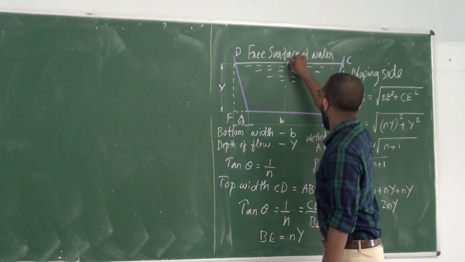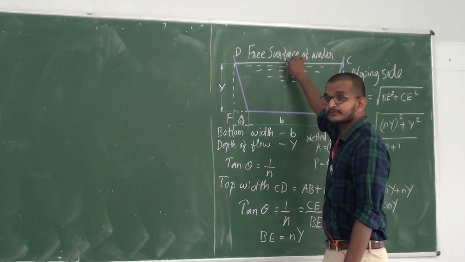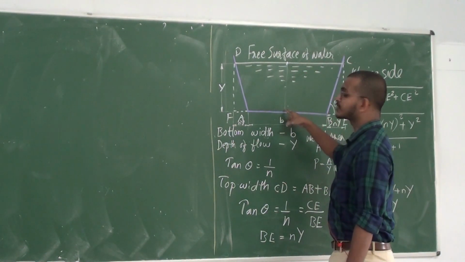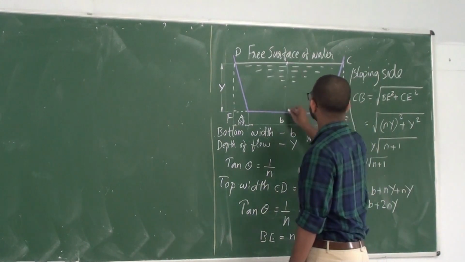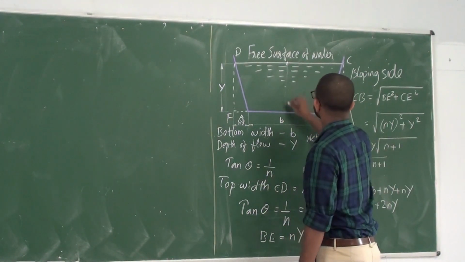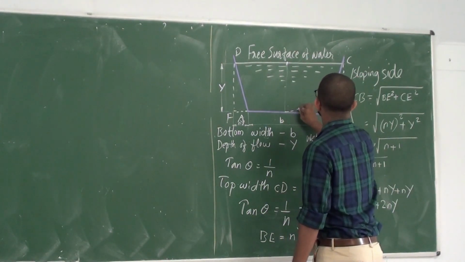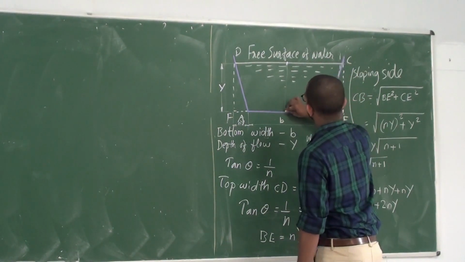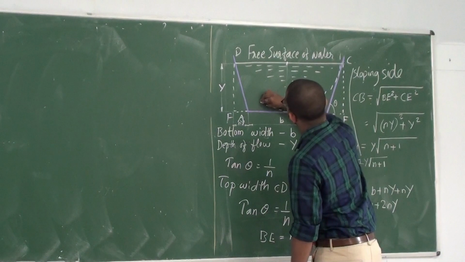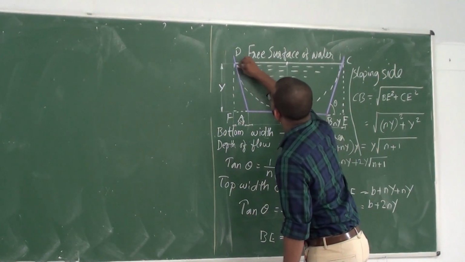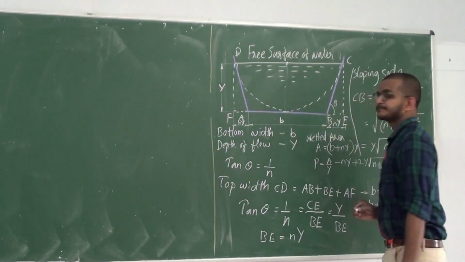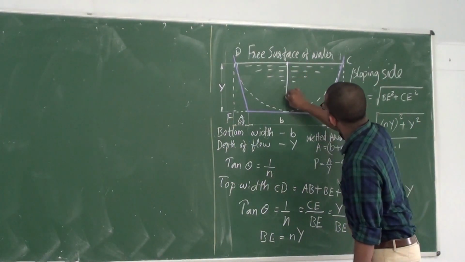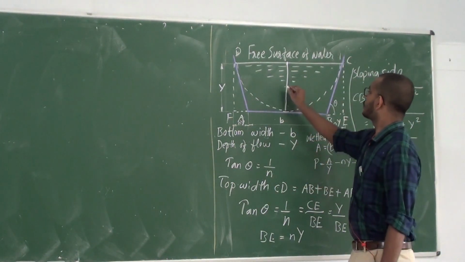So with the midpoint of the top width as the center and radius equal to y, draw a semicircle. So the radius of the semicircle is y.